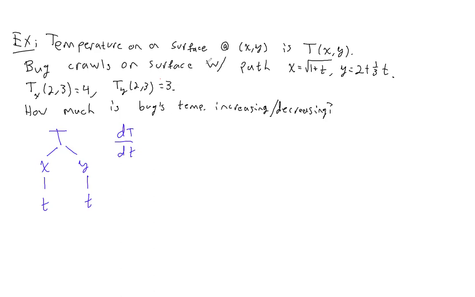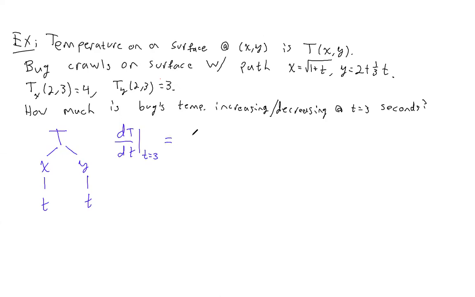Oh, I forgot to include an important parameter in the problem. How much is the temperature increasing or decreasing at t equals 3 seconds? I forgot that important aspect. That's important because it tells us that what we're really looking for is the rate of temperature change with respect to time at t equals 3.